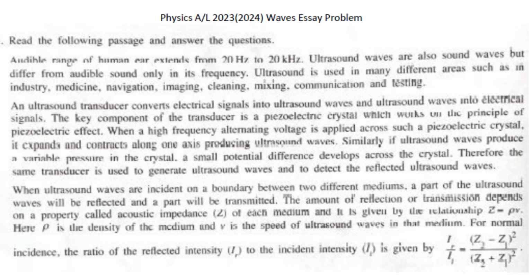Audible range of human ear extends from 20 Hz to 20 kHz. Ultrasound waves are also sound waves, but differ from audible sound only in their frequency. Ultrasound is used in many different areas, such as industry, medicine, navigation, imaging, cleaning, mixing, communication and testing.